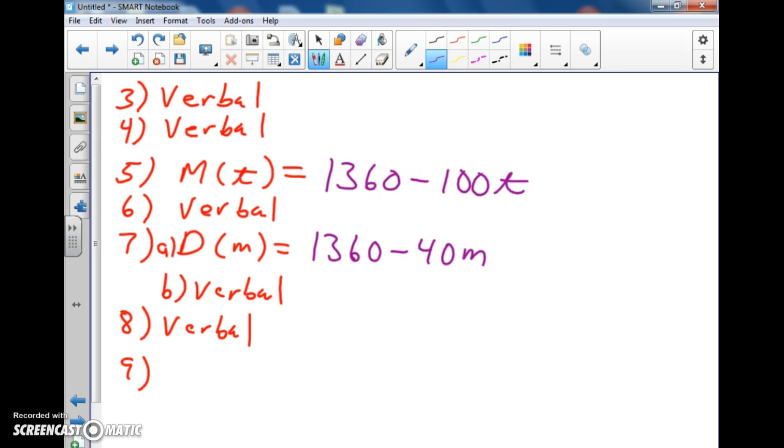Now, part B, what you're going to do now is draw a graph. So now tell me this: what kind of function is d sub m? Tell me one answer.